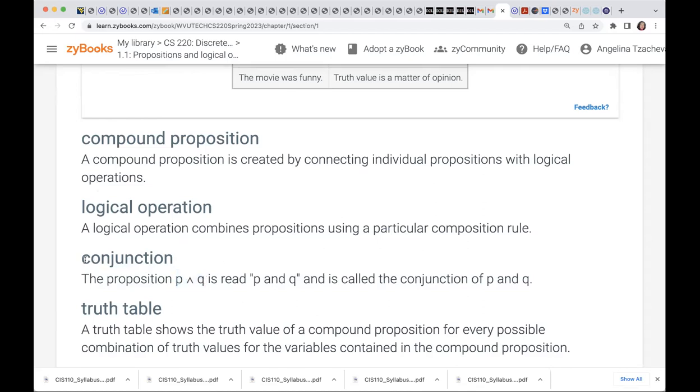So there are certain operations that we can do with those statements. A compound proposition is created by connecting individual propositions. So when we take both of those together, that's going to be a compound proposition. The logical operation will combine propositions using a certain rule.